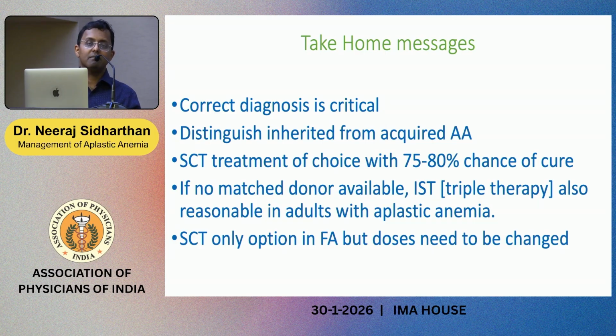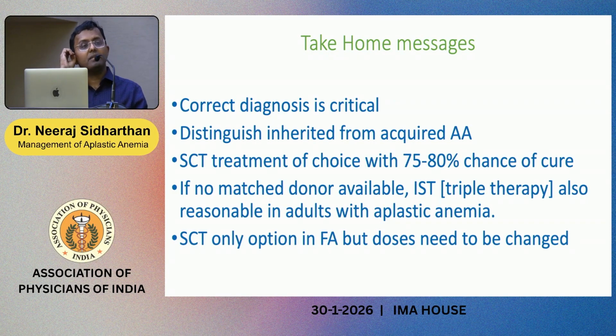We need a neat bone marrow biopsy reported by an expert pathologist to say that it is indeed aplastic anemia and not hypoplastic leukemia or hypoplastic MDS or anything else.